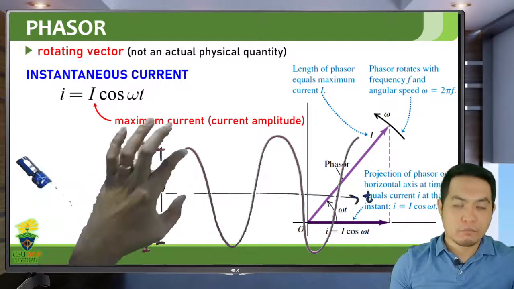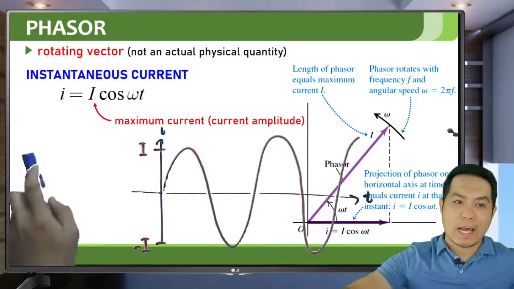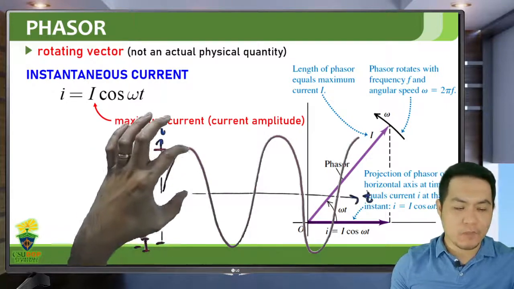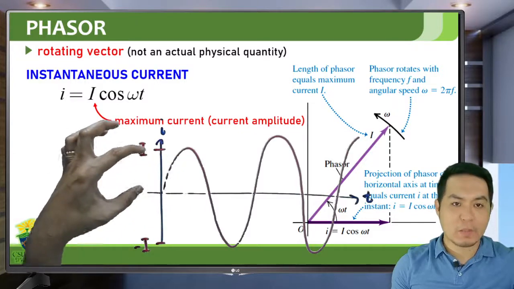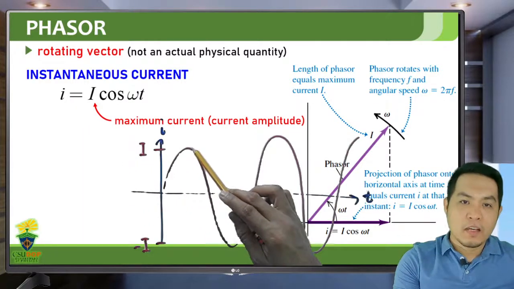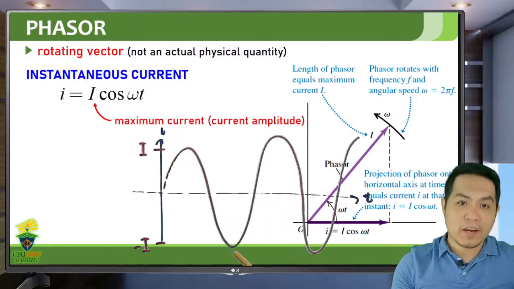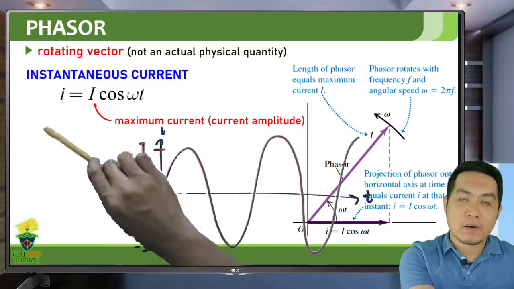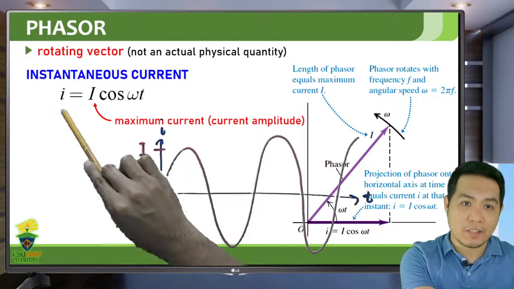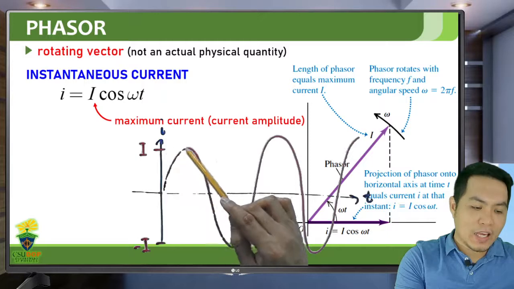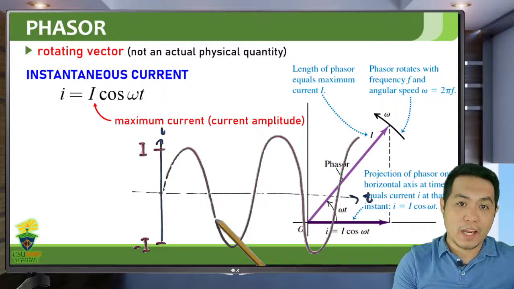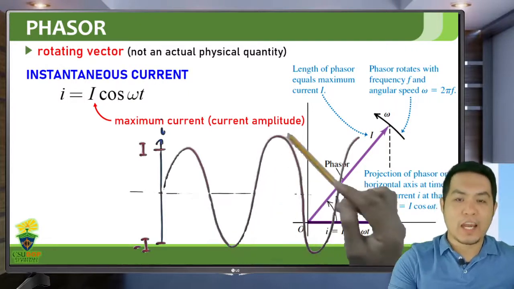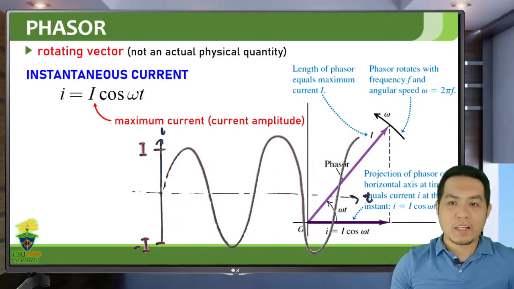When we discuss waves, we discuss amplitude, and it's basically the same concept: the maximum displacement. In this case, the maximum displacement is I. I is the location of the crest, and negative I is the location of the trough. The values of the instantaneous current vary from I, then less than I to 0, then negative values to negative I, and it repeats. So it's sinusoidal.